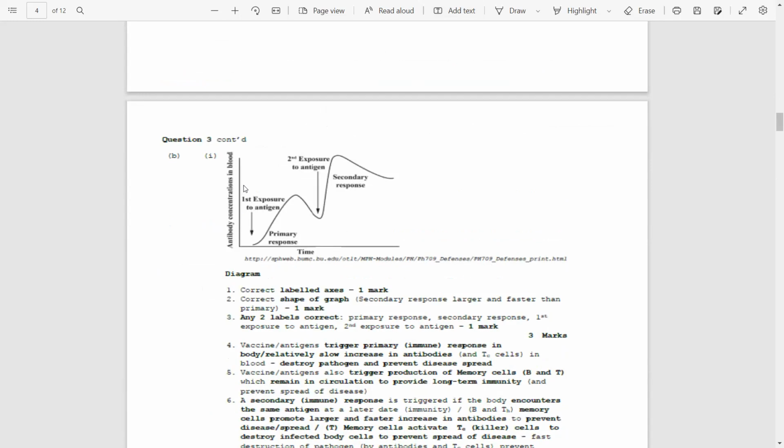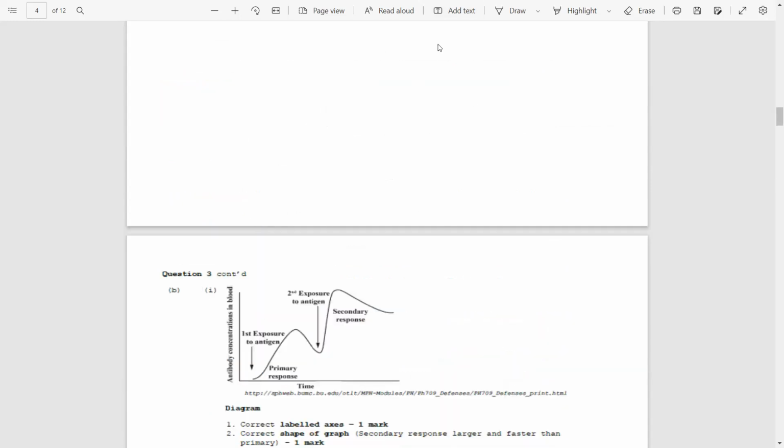All right, so vaccination is a type of artificial active immunity. Essentially, we are giving the pathogen in a weakened form, or a part of the pathogen, exposing it to the person's immune system.